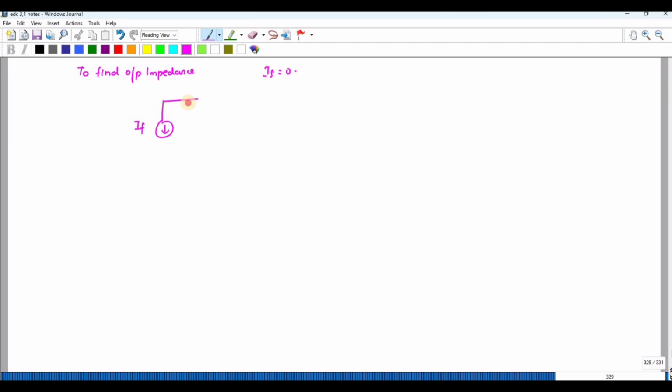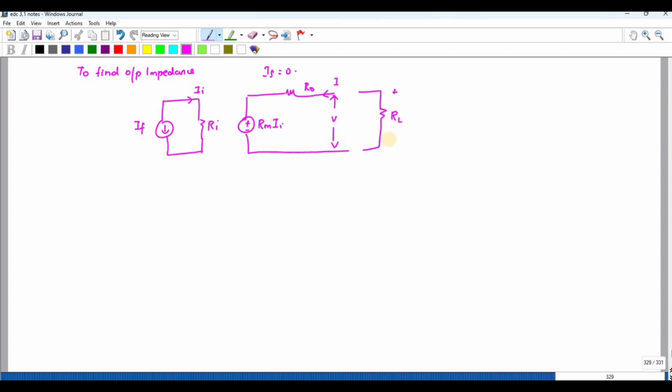So my equivalent circuit will look like this. And the output side, this is your I and this is your V now, and the already connected RL is here. Okay, so now this is your V naught.